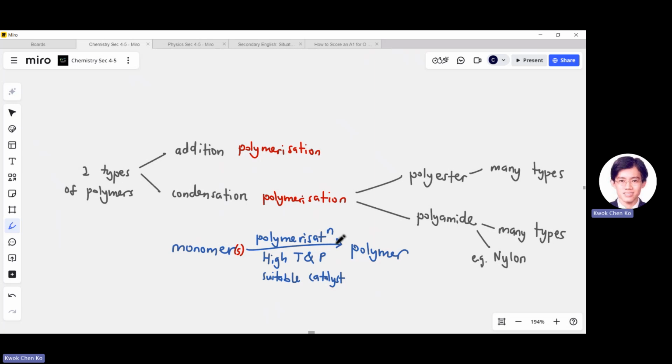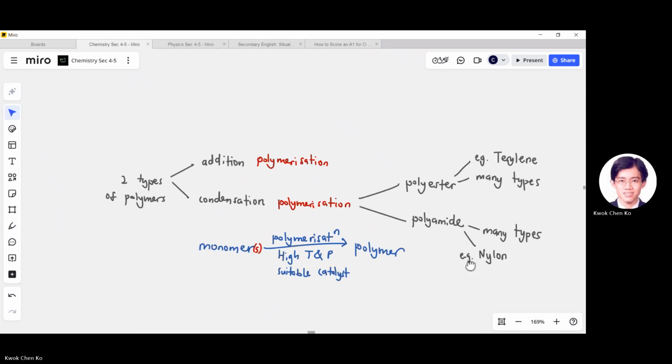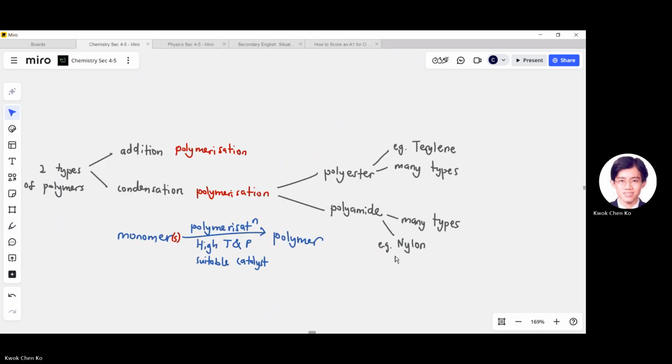The other name that you should know under polyester is called terylene. It comes up once in a while. Terylene. And the most popular usage for terylene will be in bath towels.